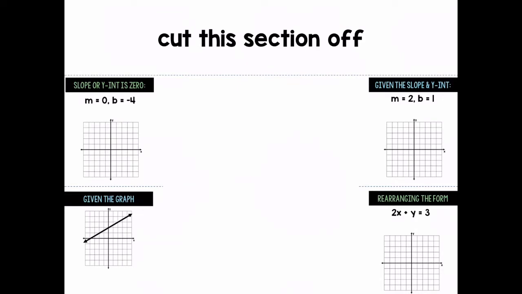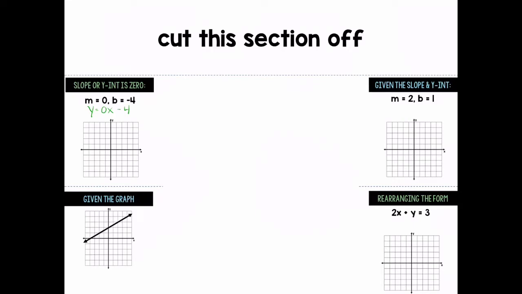Okay, so we're going to start with slope or y-intercept being 0. When the slope is 0, you actually have a flat line. That would be y equals 0x minus 4.